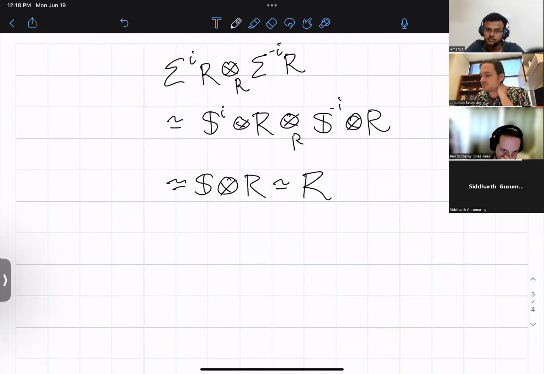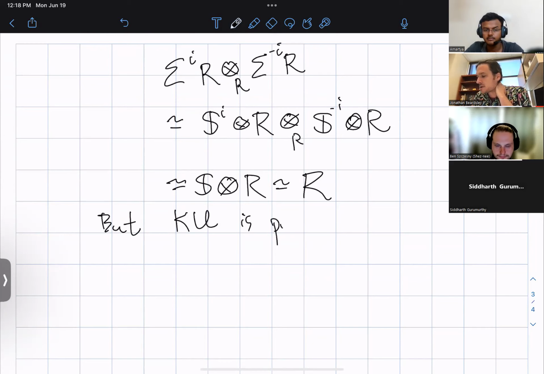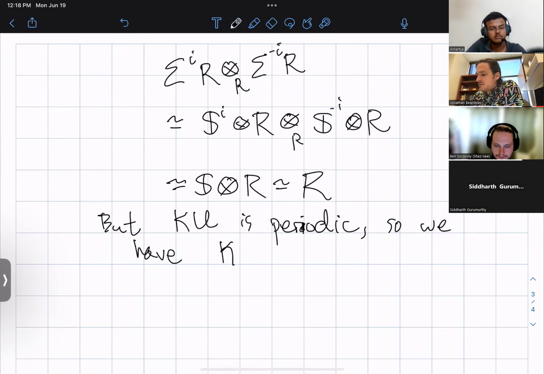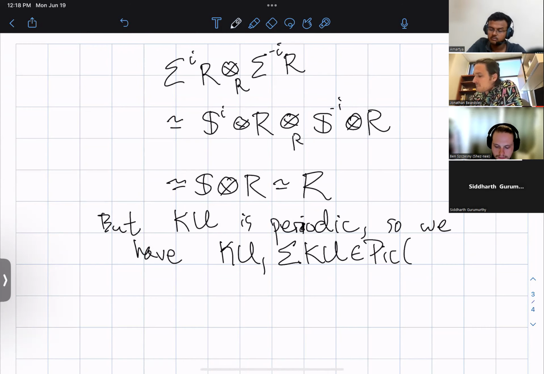But of course, Ku is periodic. So we only get two objects this way. We have Ku itself, and then the one-time suspension of Ku in pic Ku.